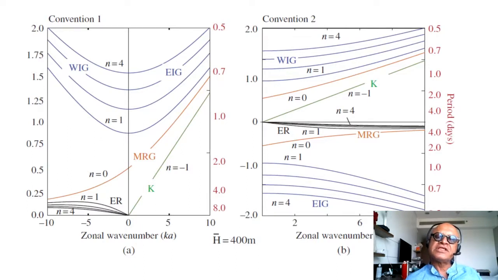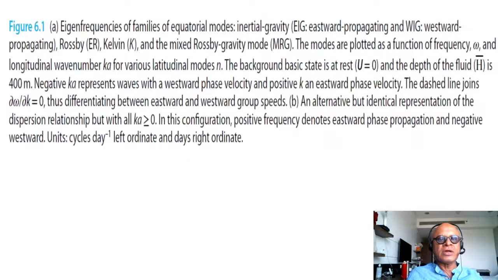So as we said already in the introduction, Rossby waves have westward group velocity and westward phase velocity for these long waves and low frequency waves, and they will have eastward phase speed but westward group velocity for the short waves. This has some implications for how the energy and the forcing is radiated out, and we will see some of those things. So this is a beautiful diagram that you should remember very well.